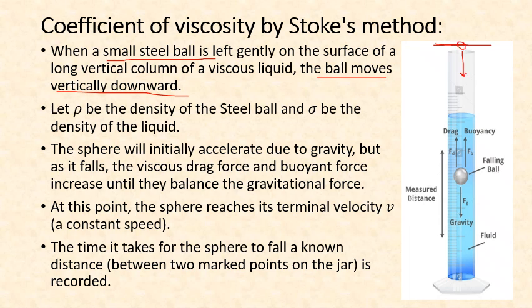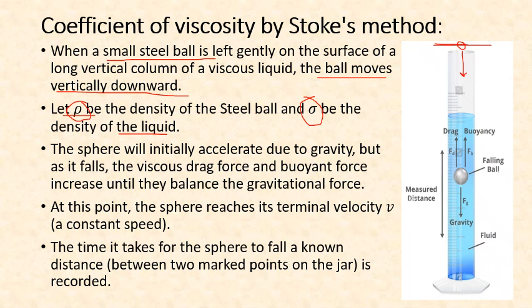This is because of gravitational force. Let rho be the density of the steel ball, and let sigma be the density of the liquid whose coefficient of viscosity needs to be determined.